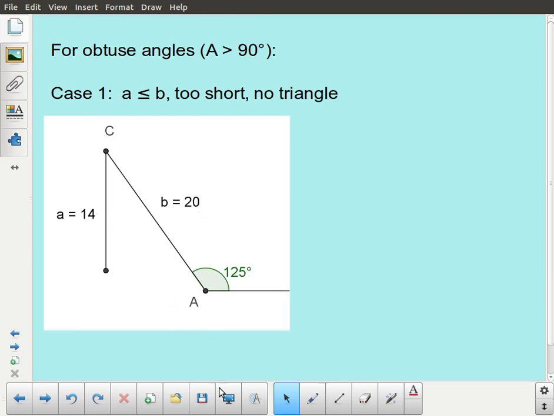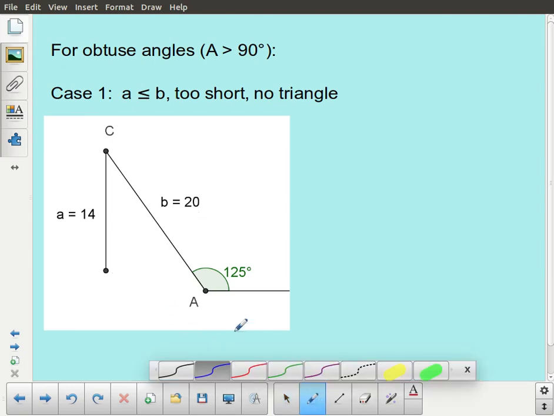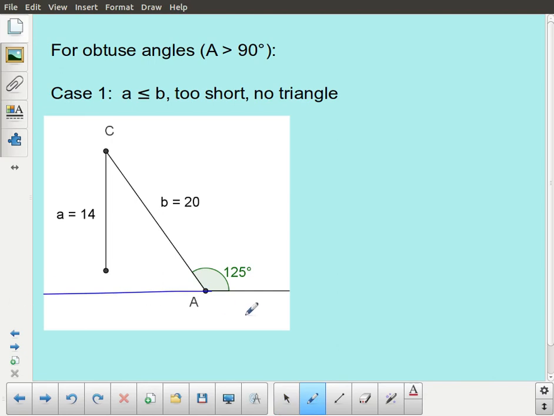First of all, we start off with that same limitation as before. So let's extend the ground. And you can see this point does not even reach the ground or the horizontal. What would it need to be to reach the horizontal?